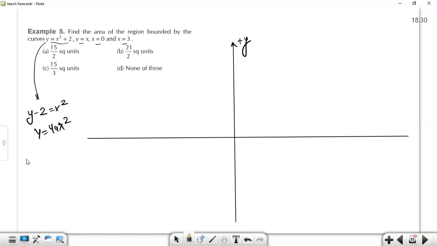Now comparing equations 1 and 2, capital Y is equal to y minus 2, and simply x is equal to x. So the parabola would be shifted by plus 2.